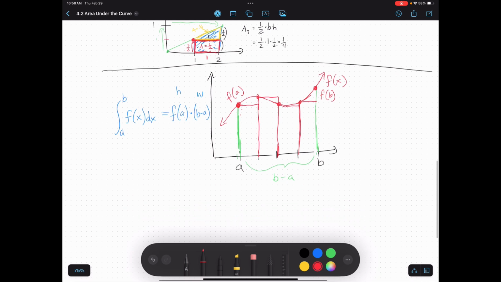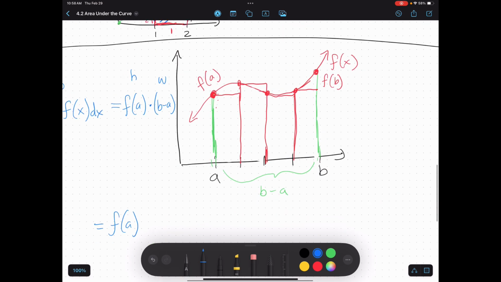Well, let's just take my first rectangle. My first rectangle, my height would still be the same. It would still be f of a as the height of my rectangle, but my base would be slightly different. What's this distance?